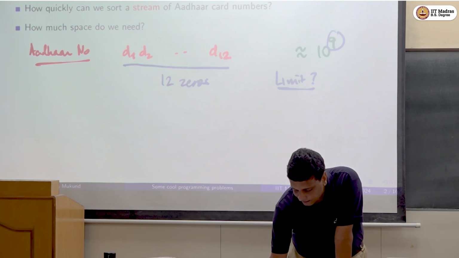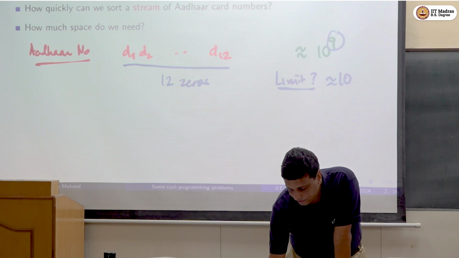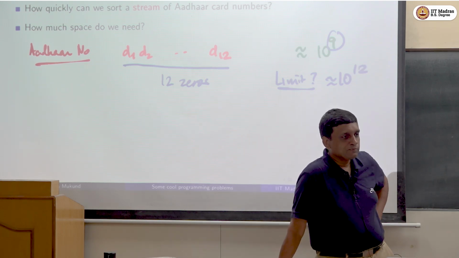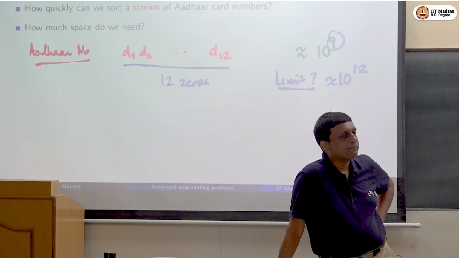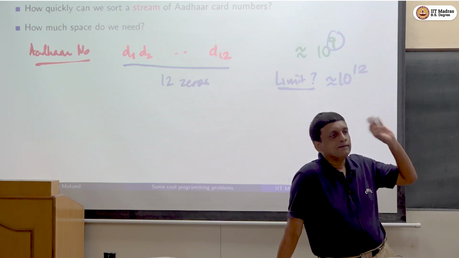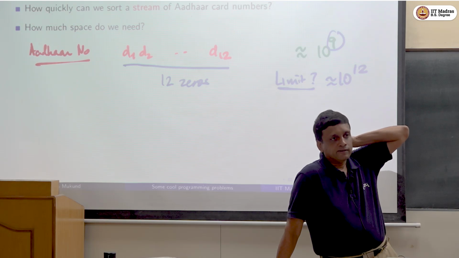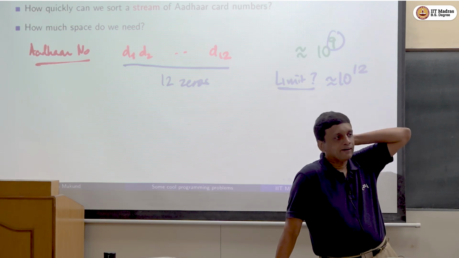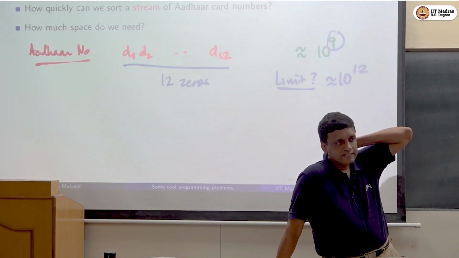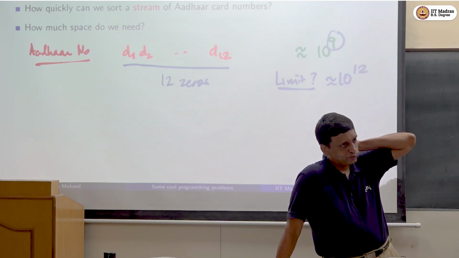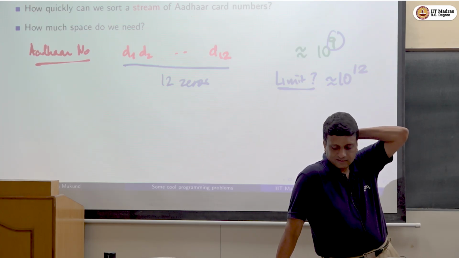So in principle, we have this many possible Aadhaar numbers. If I'm really talking about the problem in today's circumstance, I'm asking you to sort 10 to the 9 Aadhaar numbers, but I want a recipe which will work smoothly even up to 10 to the 12.